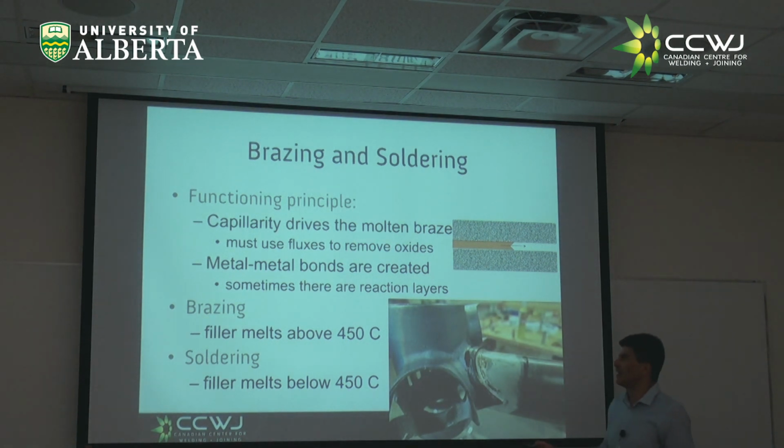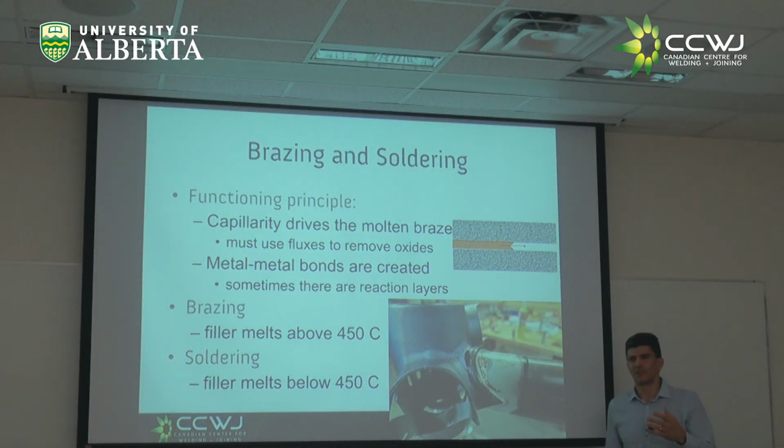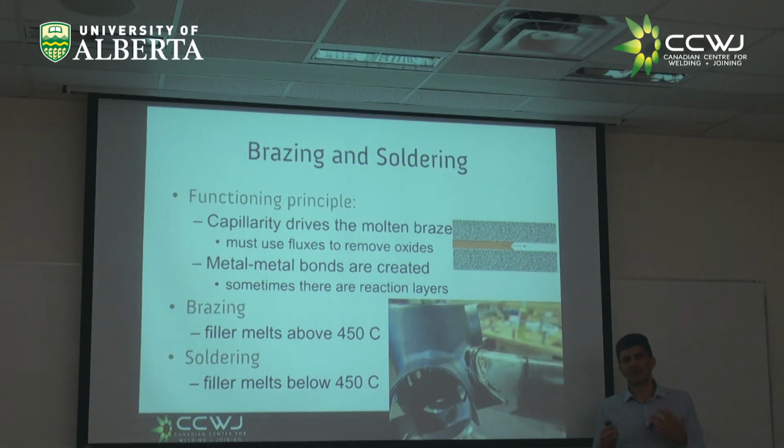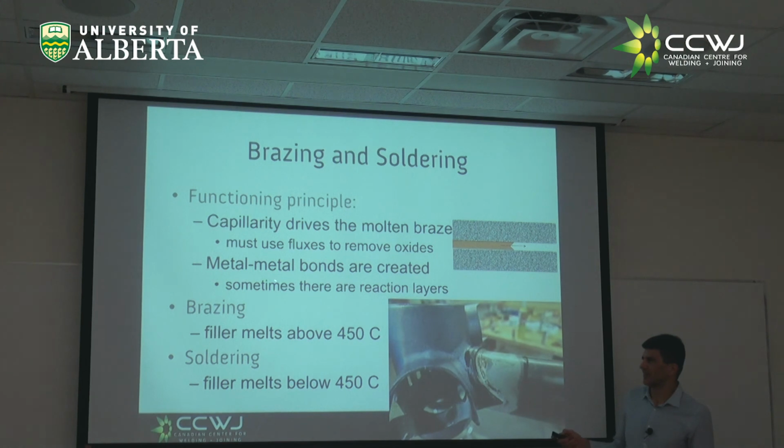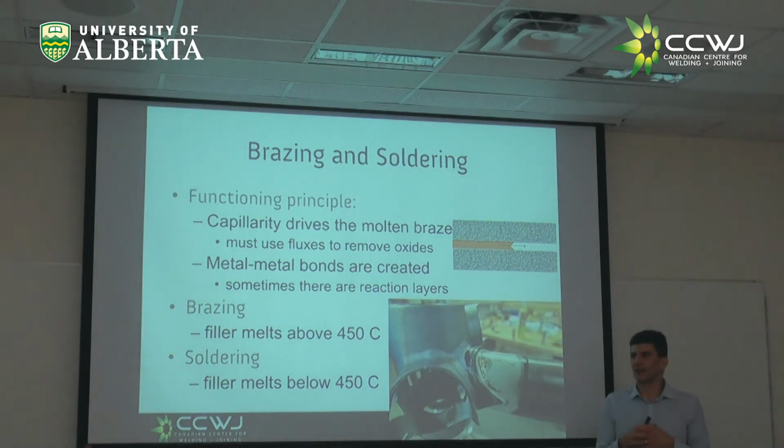So they say, if the filler melts above 450 C, we're going to call it brazing, and if it melts below 450 C, we're going to call it soldering, because pretty much that's no man's land. Typically soldering happens at 100, 200 degrees, and brazing happens at 600 degrees. So this thing right in the middle, you shouldn't have much of a problem, but it's that arbitrary. All right.